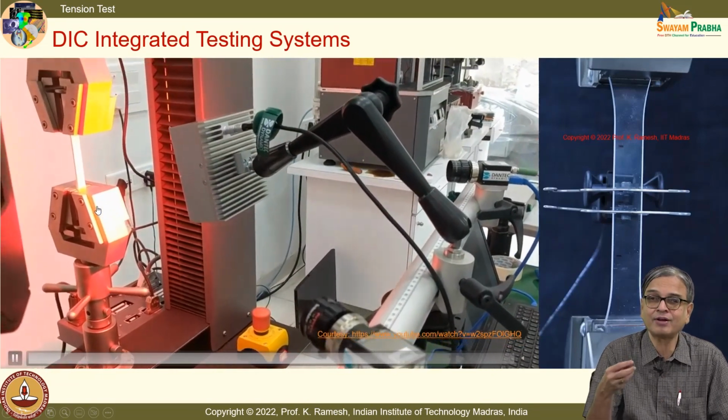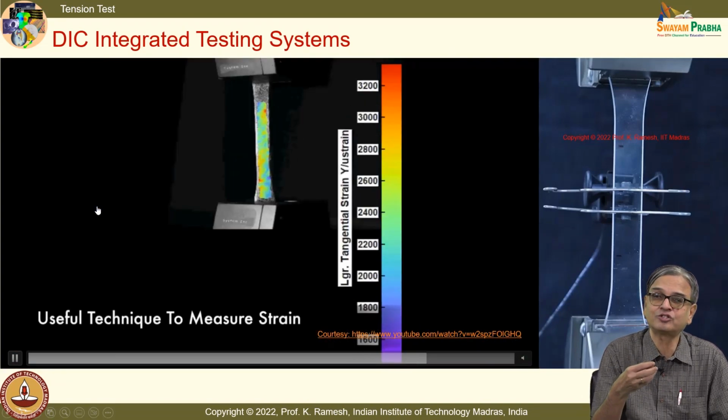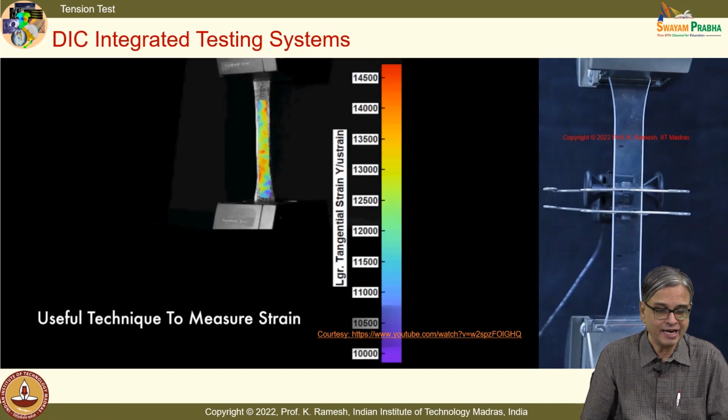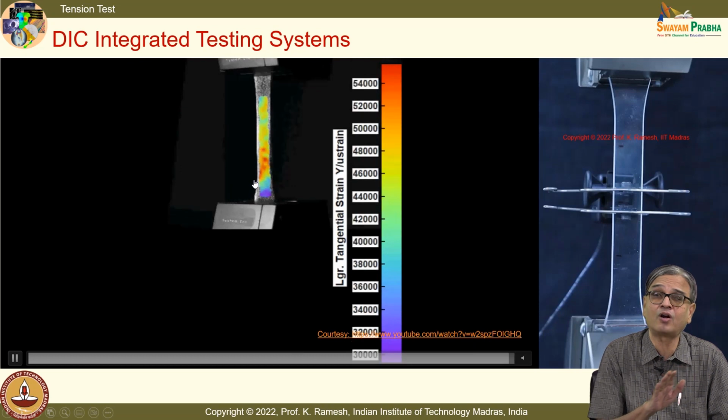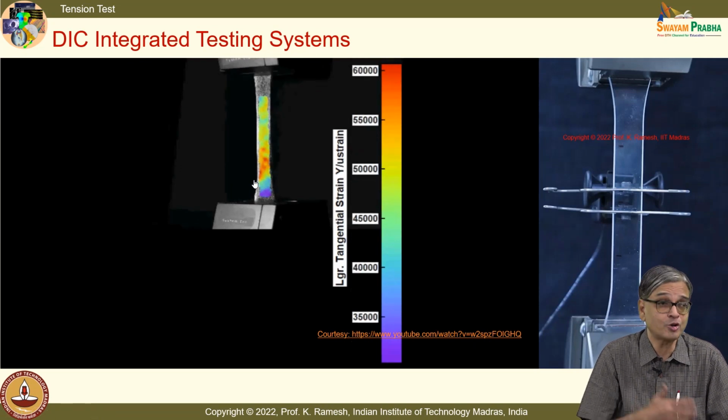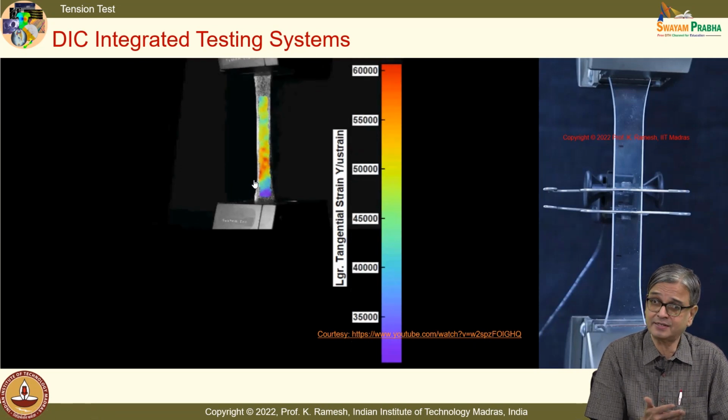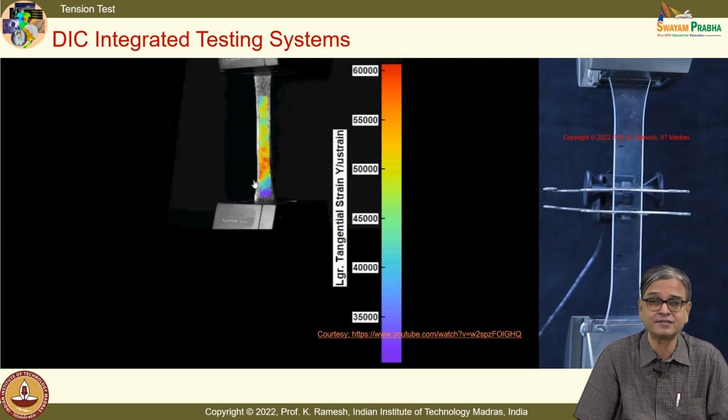So, you do not have a clip-on gauge or anything attached to the specimen, and you directly get a large value of strain. This is the way modern equipment is coming out. It is a very big business. You have Instron and MTS, there are companies in India, you have many such systems available, and people have to test the materials. And here you have how a brittle material fails.